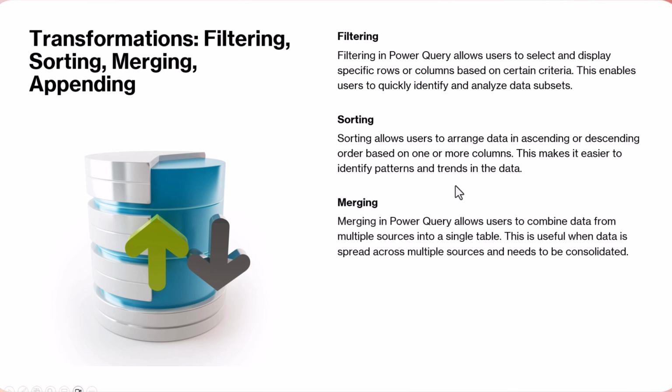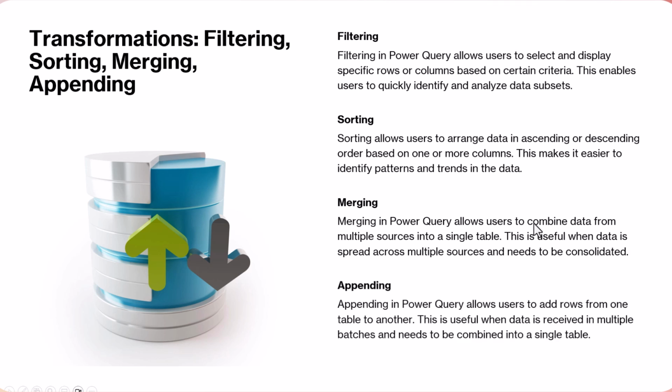You can merge data. Merging data means combining two data sets together and consolidating them into a single source. You can also append. This is like UNION ALL in SQL. You add rows from one data source to rows of another data source.